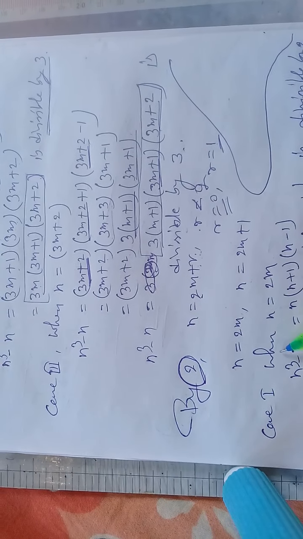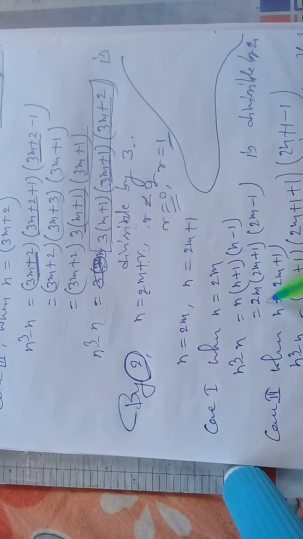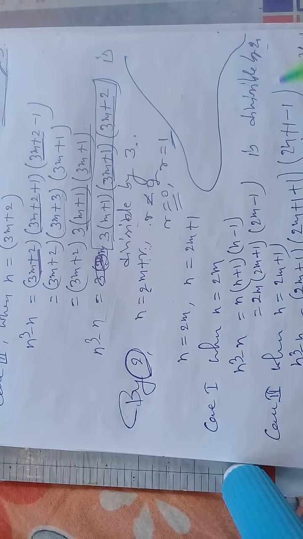Case 1, when n = 2m, n³ − n is equal to n(n + 1)(n − 1), which gives 2m(2m + 1)(2m − 1). This whole term is divisible by 2.